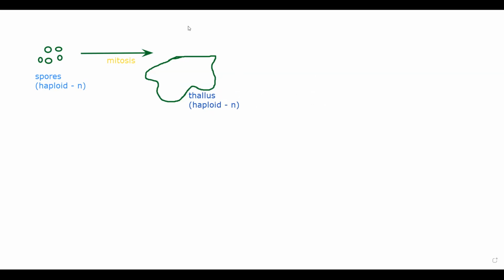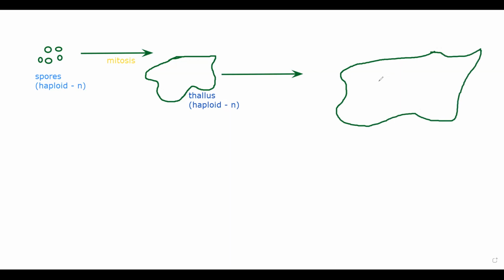The thallus will also undergo mitosis to produce the gametangia, or the sexual reproductive structures, which can come in the form of an archegoniophore, which is kind of palm tree shaped, or they can come in the form of antheridiophore, which are kind of these umbrella shaped structures.